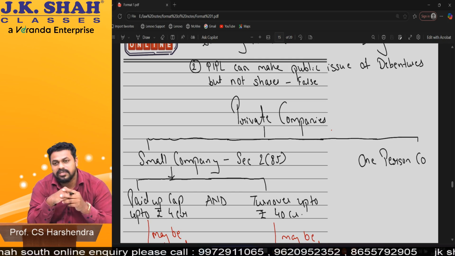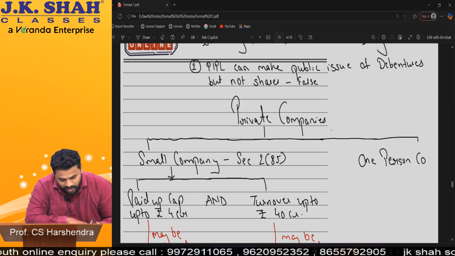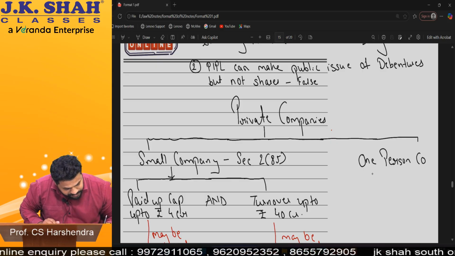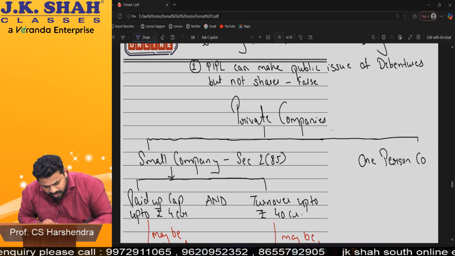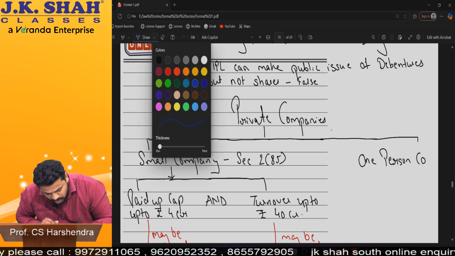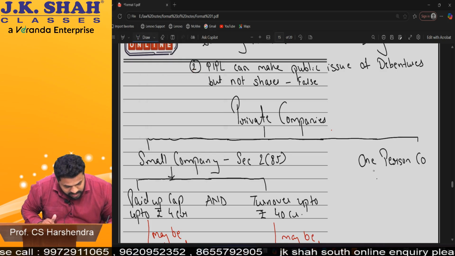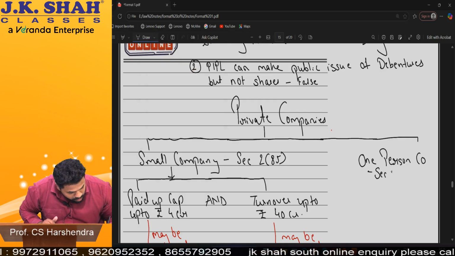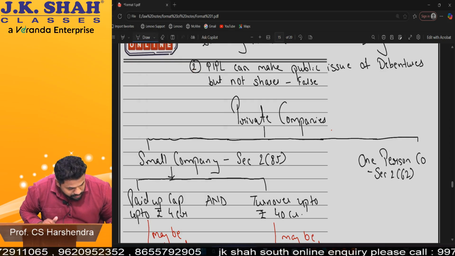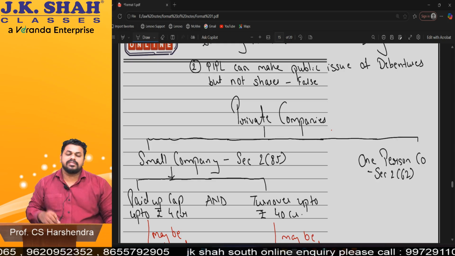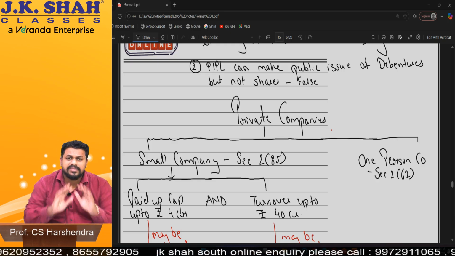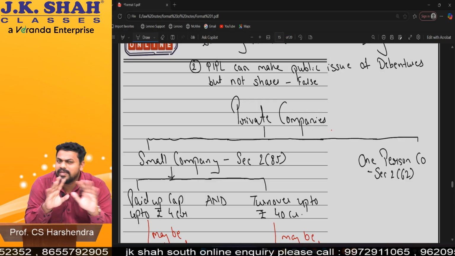Now what is one person company? Let's understand. The section for one person company is section 2 clause 62. Okay, now what is this? One person company, first I'll write the definition, very simple.